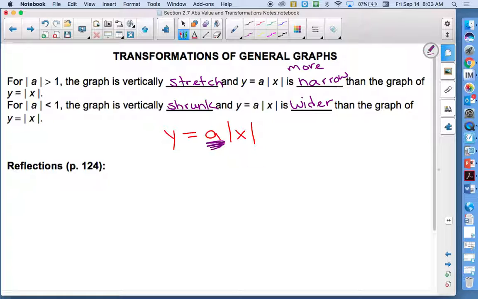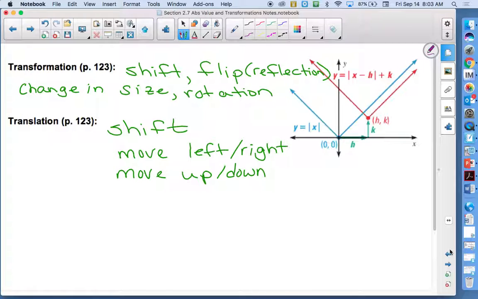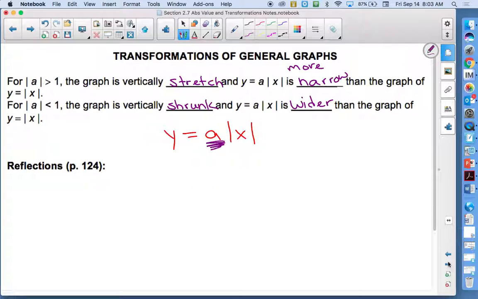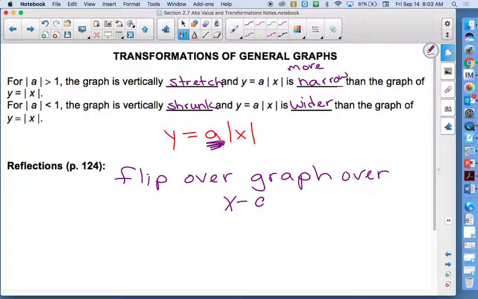I can't remember, who told me a reflection? Connor, did you say reflection? I don't remember who. Julian, did you say reflection? Yeah, maybe. I think you called it a flip, right? Yes. Sorry. So a reflection is a flip of the graph over the x-axis.